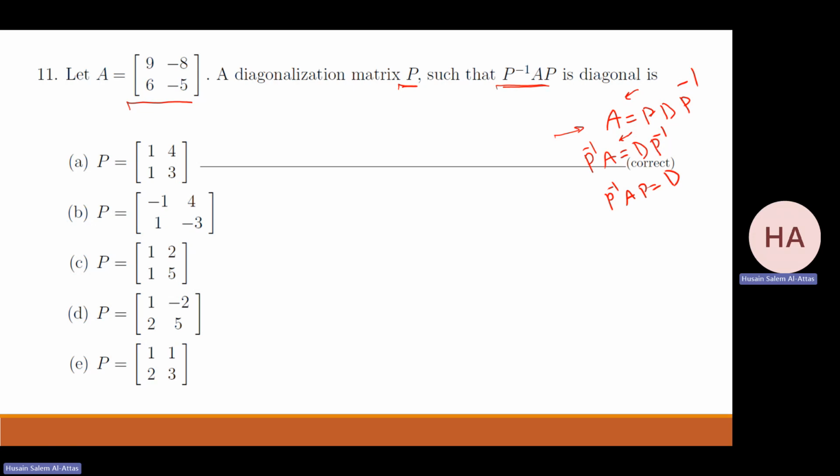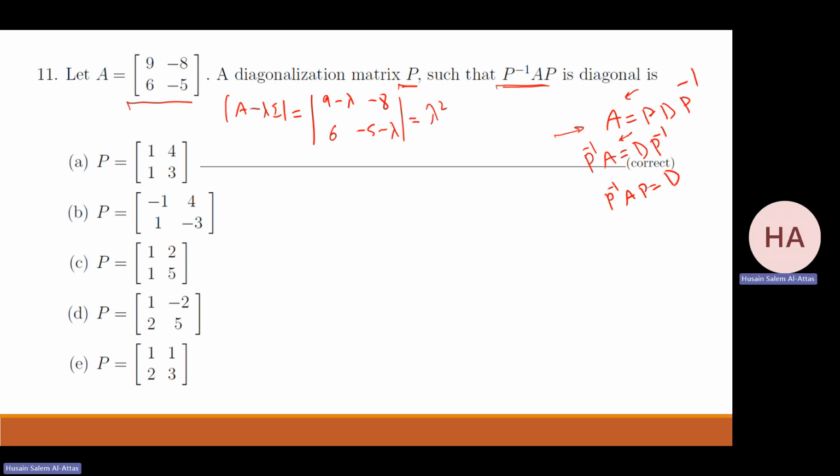Okay. So I'll find the eigenvalues and eigenvectors. So let me find the eigenvalues. That will be 9 minus lambda, minus 8, 6, minus 5 minus lambda. That will be what?